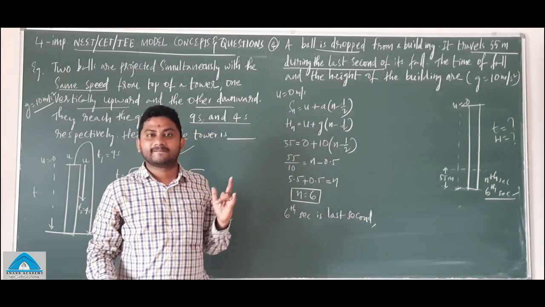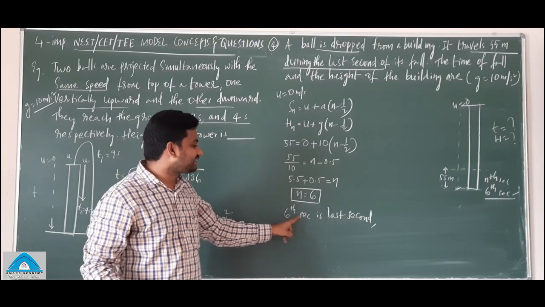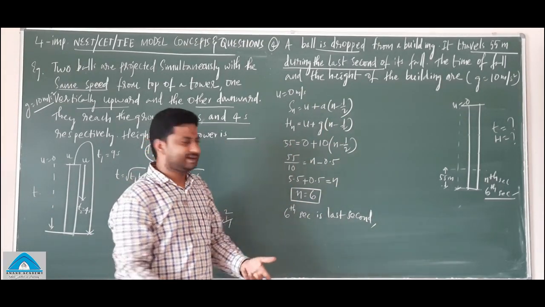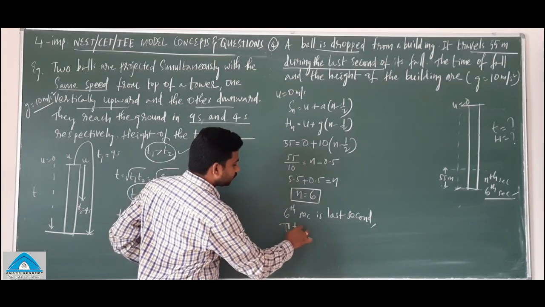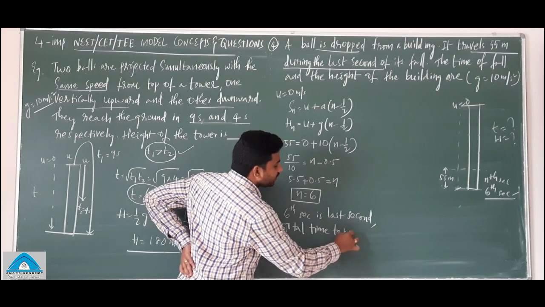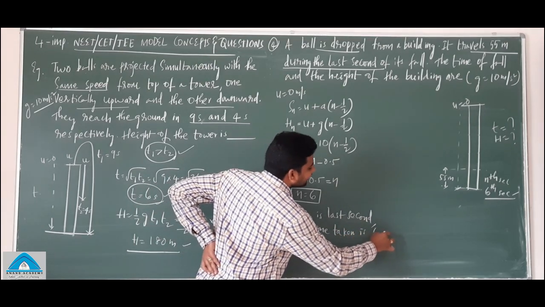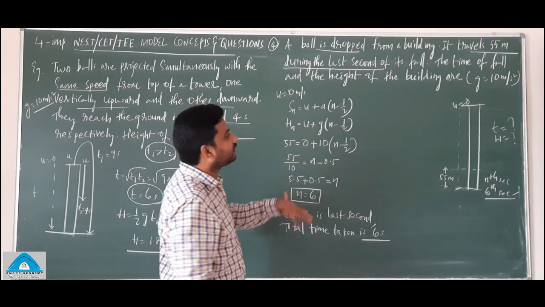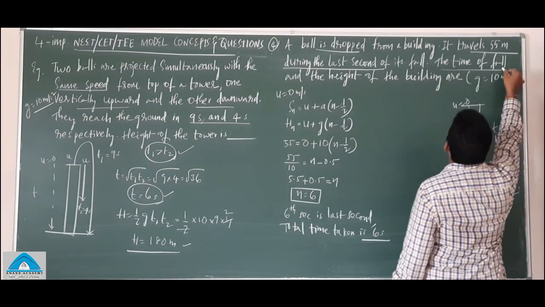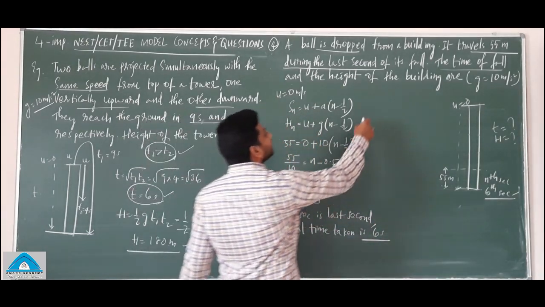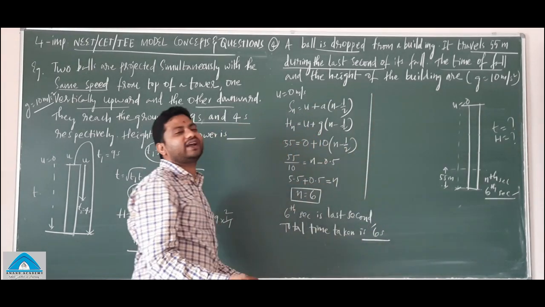Are you understanding? As the last second is the sixth second, the total time taken is 6 seconds. So I am writing here, total time taken is 6 seconds. Okay. So the time of fall we have got, which is 6 seconds, and the height of the tower you can easily find out.